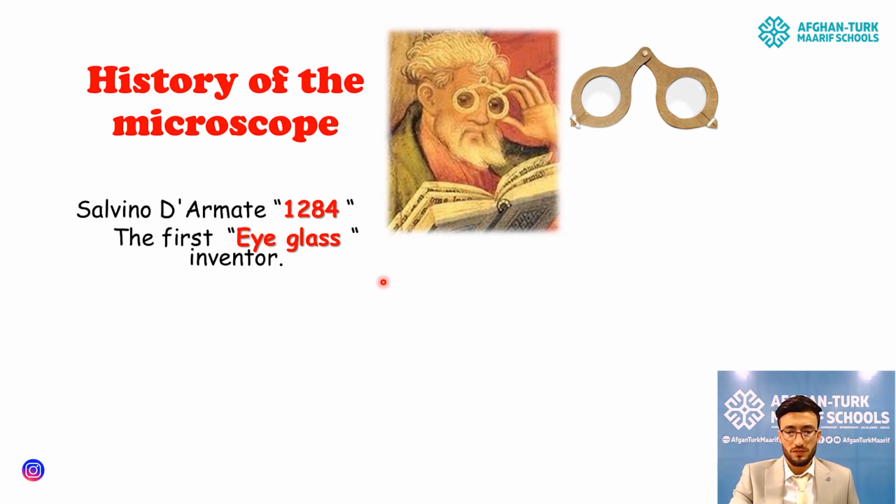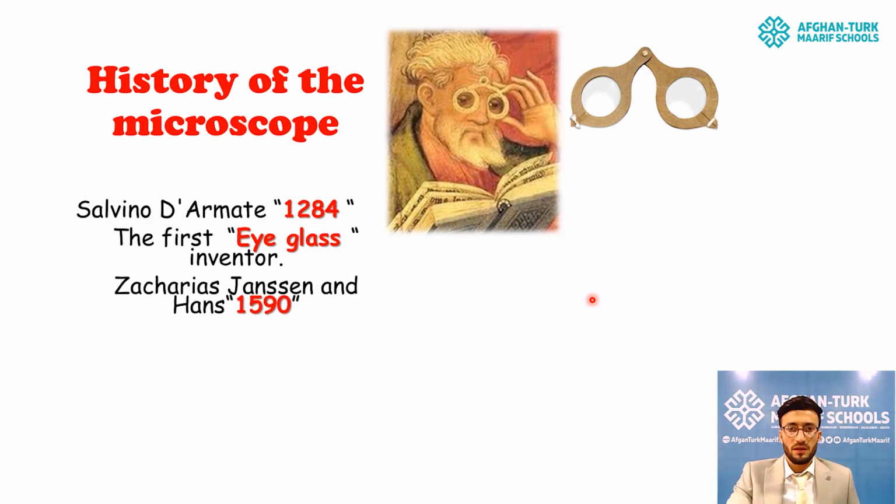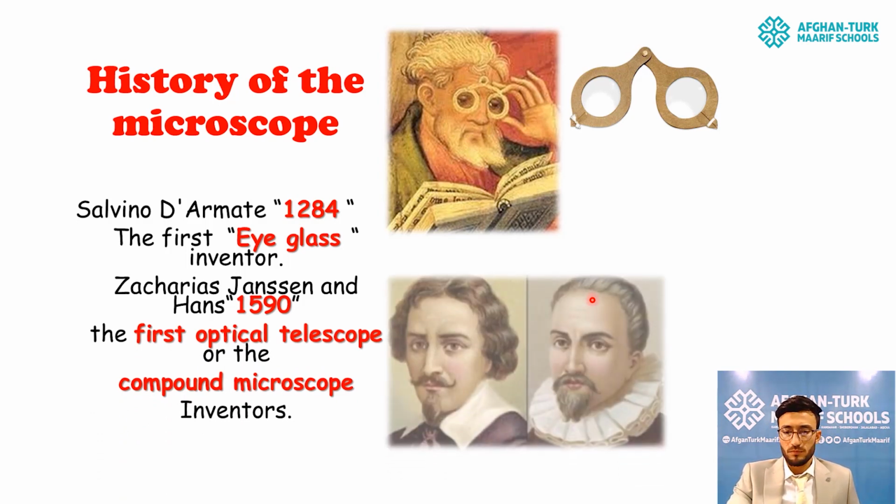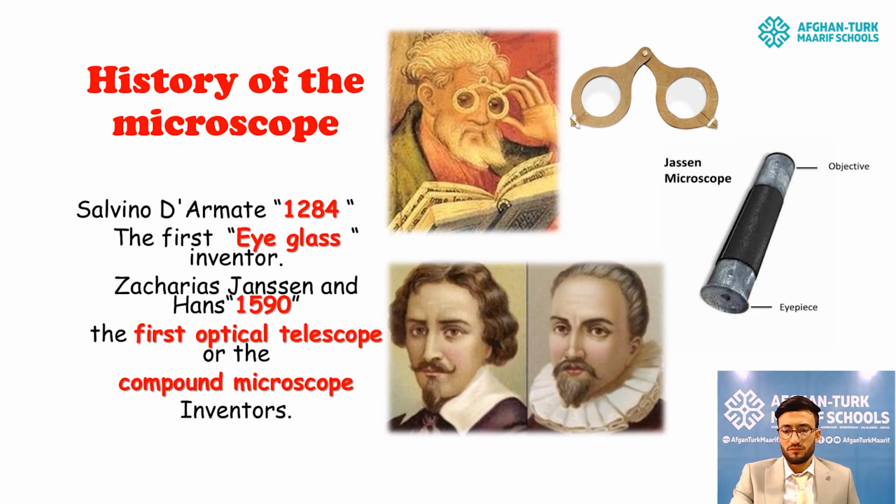So he started the invention method of microscope. After him, Zacharias Janssen and his father Hans, in 1590, invented the first optical telescope or compound microscope. This is the first compound microscope, which relates to these two persons.